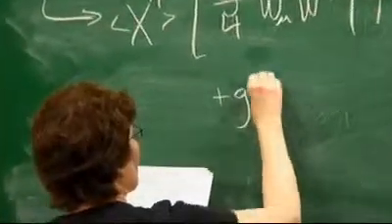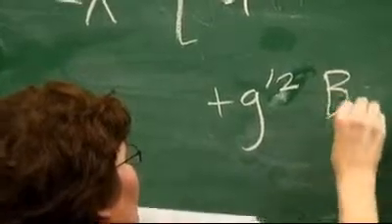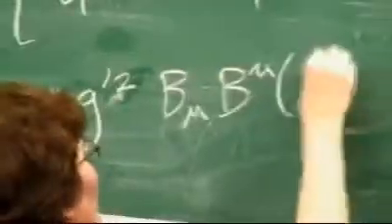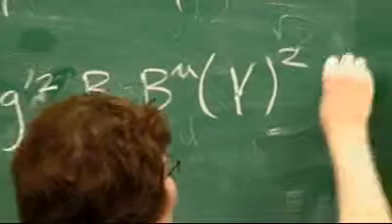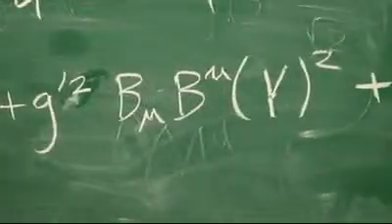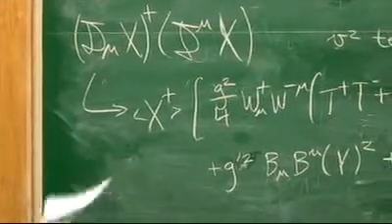G prime squared B mu. Here's the hypercharge operator squared. And then there's a cross term when you plug in the covariant derivative here and the covariant derivative there, taking just the pieces that give you v squared terms.